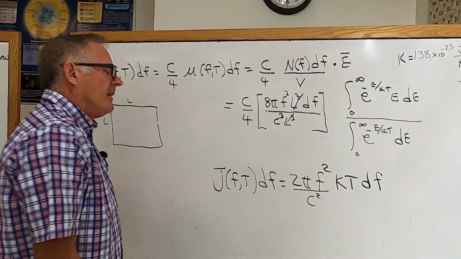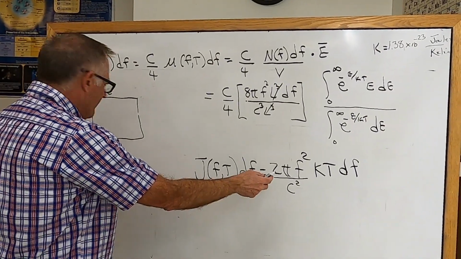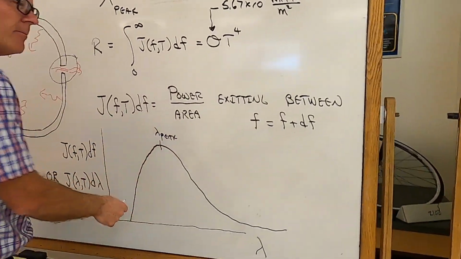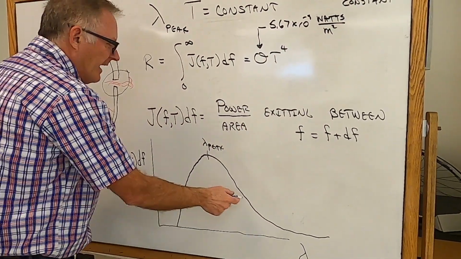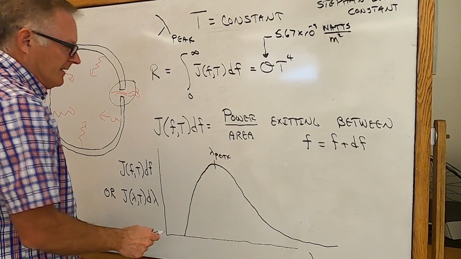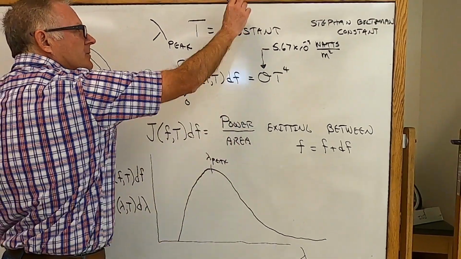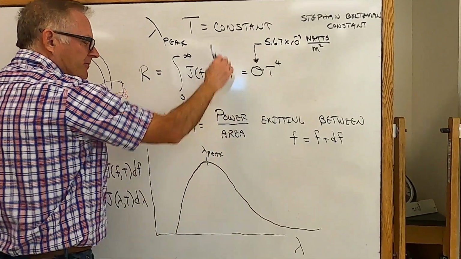Okay. Now, if you were to plot this out, here I'm plotting it out versus wavelength, but if you were to turn that into wavelength, it would not look like this. Remember, if you plot it out versus frequency, it's going like a parabola. It's going like f squared.